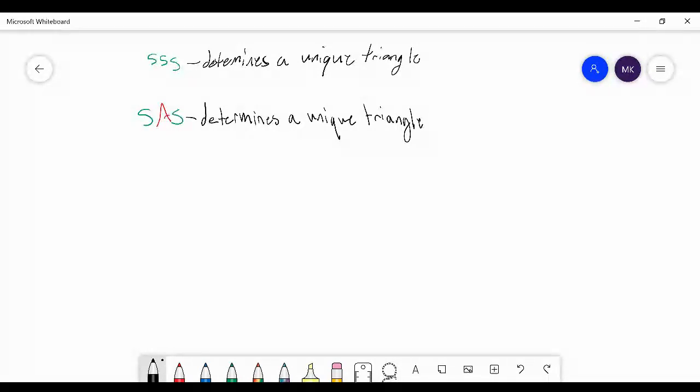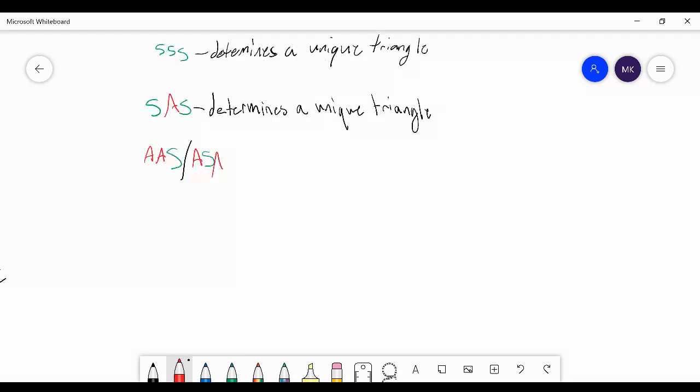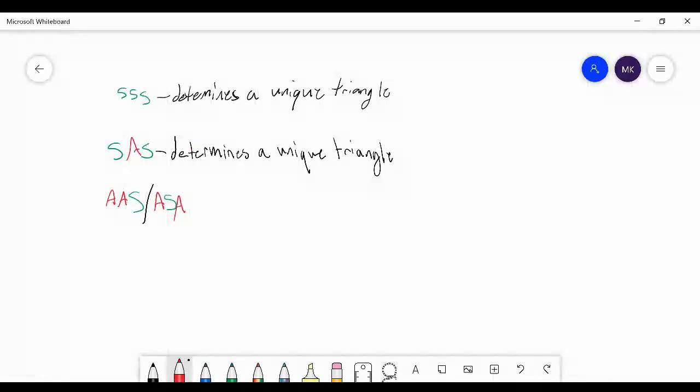Another possibility is we could be given angle, angle, side, or we could be given angle, side, angle. This is similar to side, angle, side, where we're given 2 sides with the angle in between.